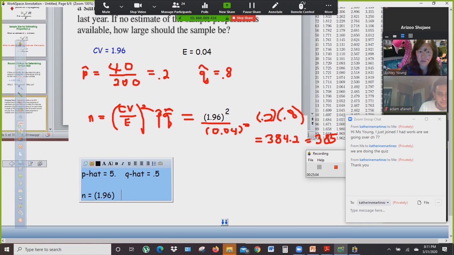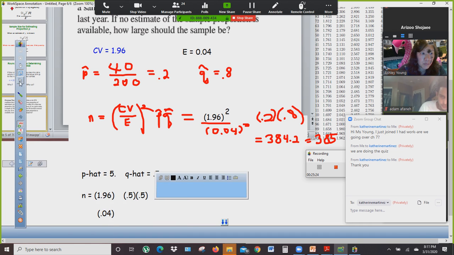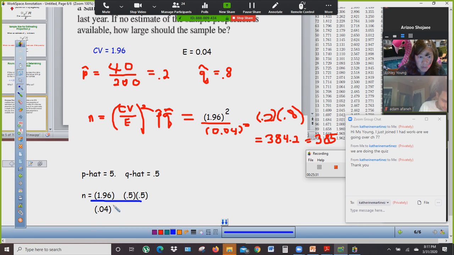In this case, you'd end up with n equals 1.96 raised to the second power times 0.5 times 0.5, and the bottom part would be 0.04 squared.